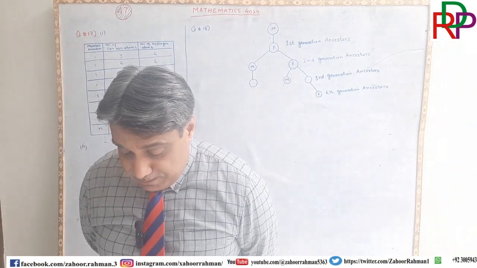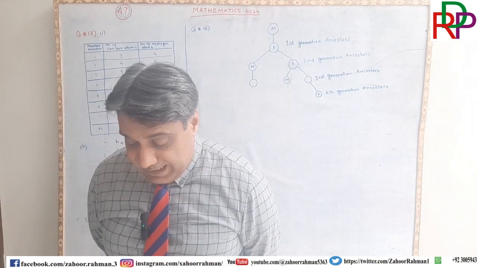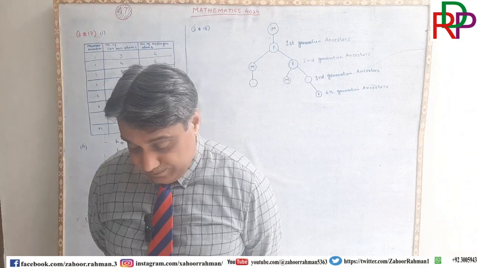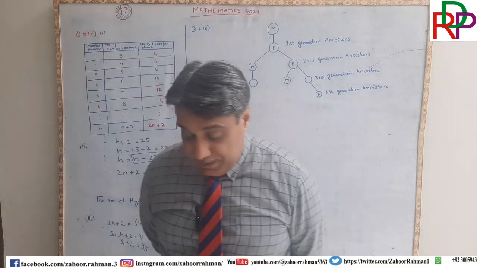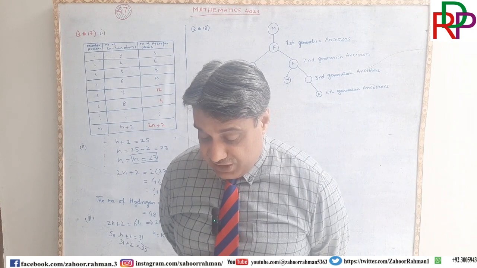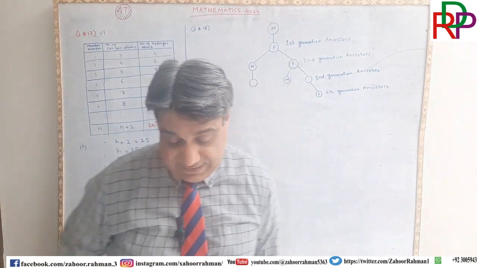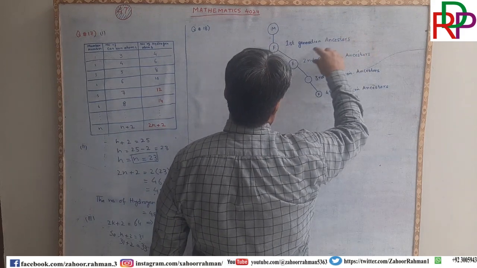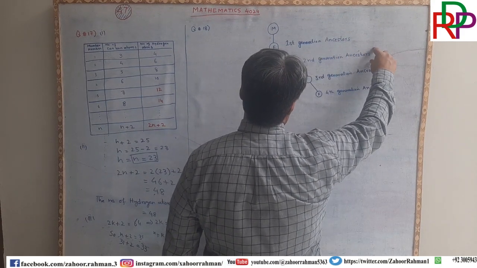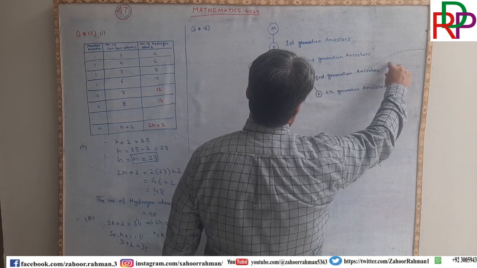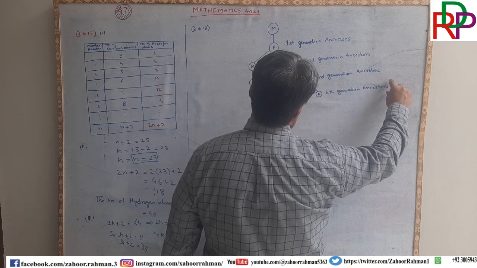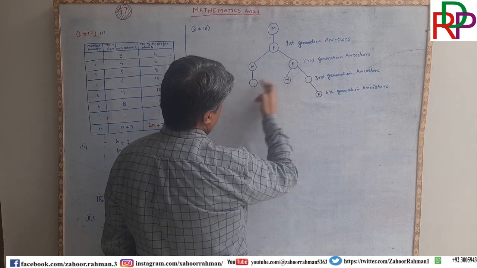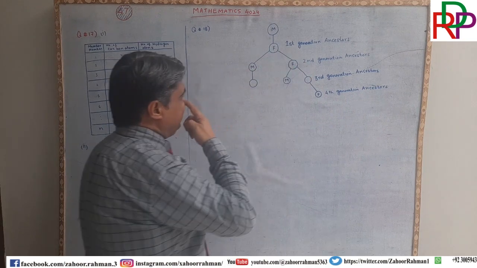The figure shows part of a bee ancestry model for a male bee up to the fourth generation ancestors. This is the first generation, this is the second generation, that is the third generation, and that is the fourth generation.